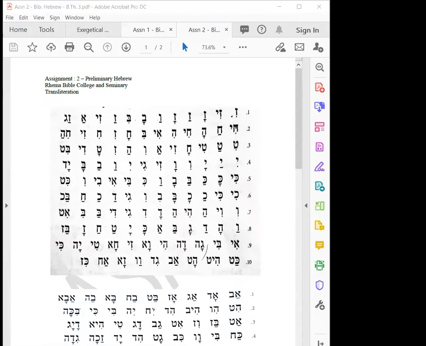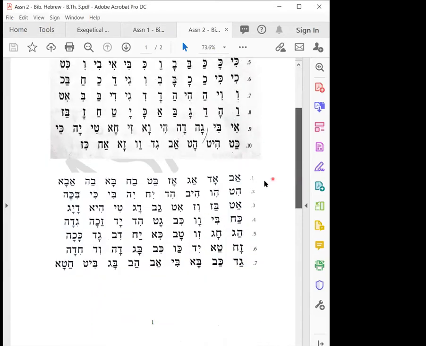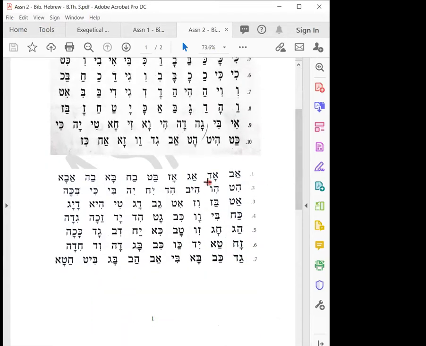See, in the first homework, there is number one, and there are many Hebrew letters. You have to read from right to left. Number two, there are Hebrew letters. Number three, and similarly, you have the next section.